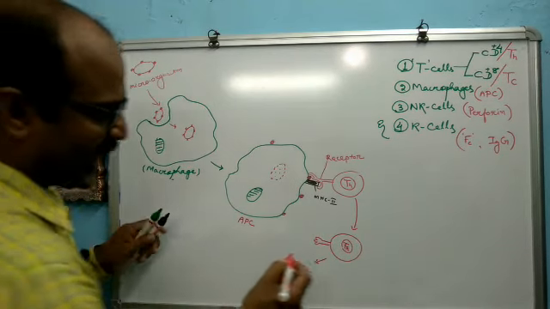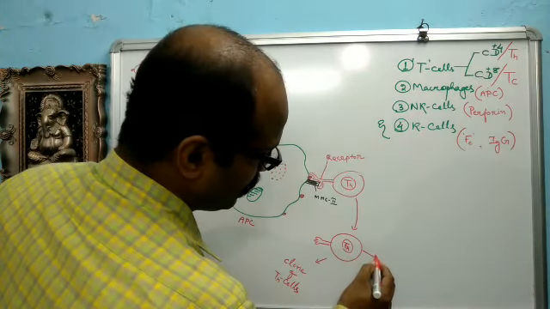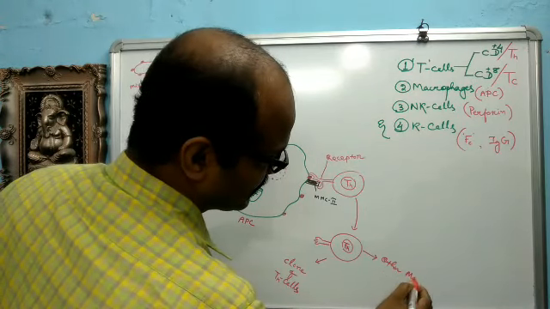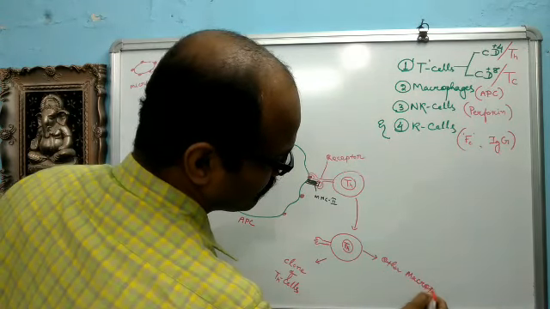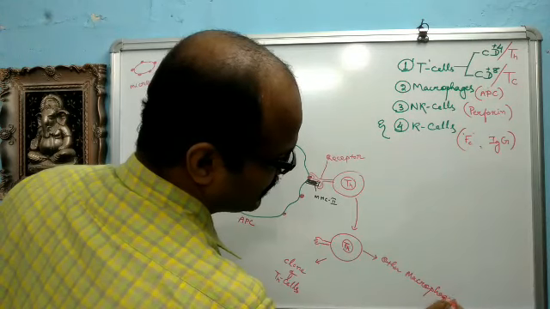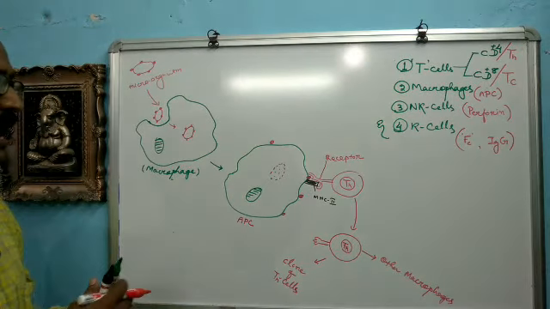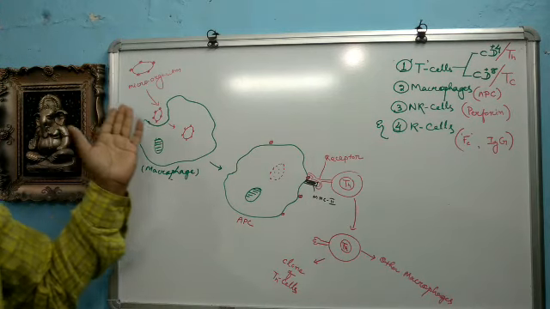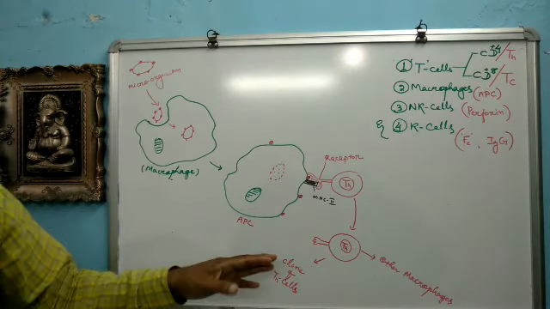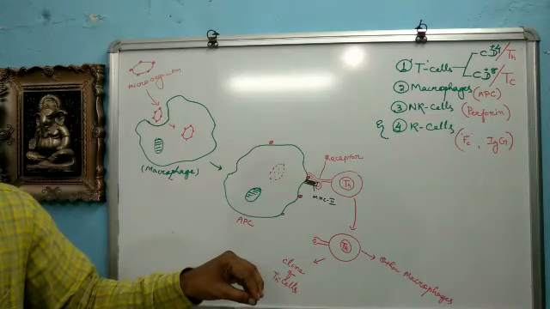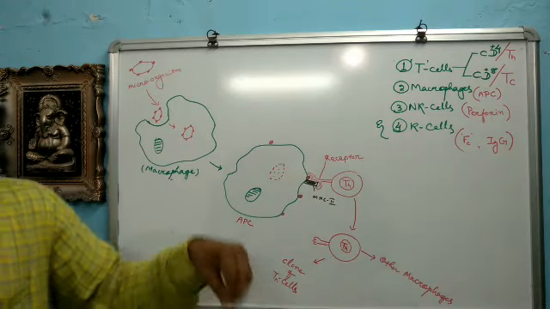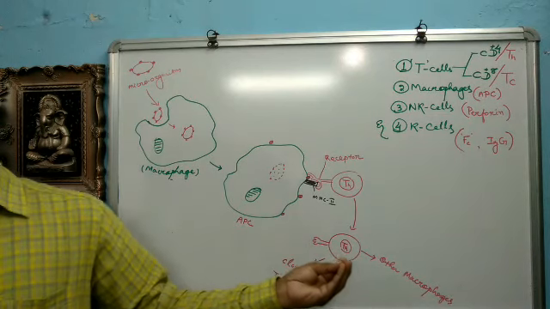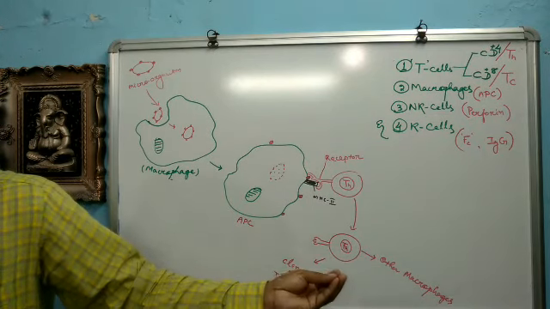It also activates other macrophages to come and engulf the other microorganisms. So the helper cell helps to activate the other immune cells. That's why it is known as the helper cell.